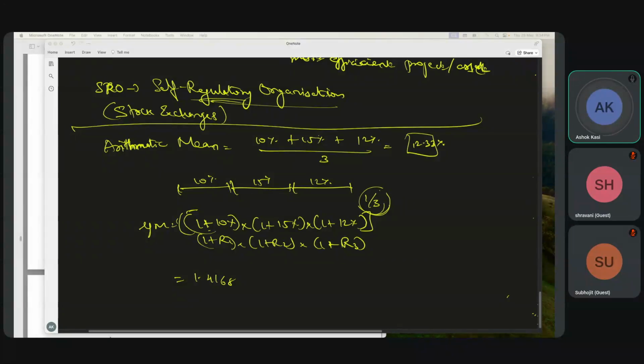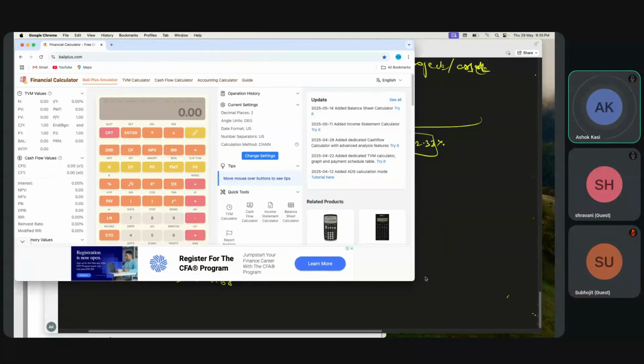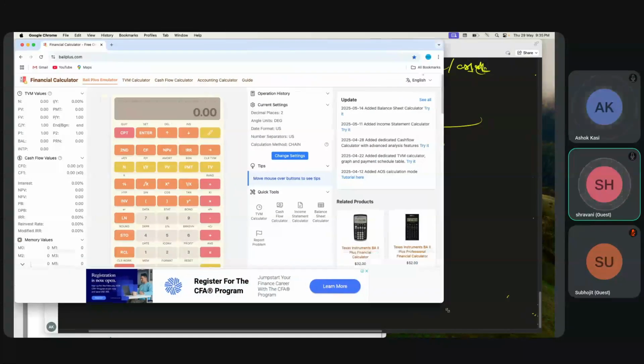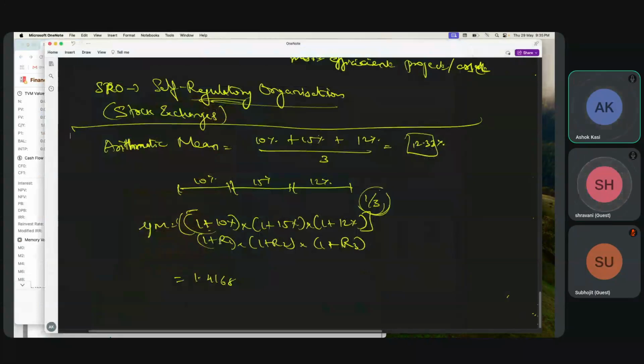Subhajit would know this, but I'm not sure if you know how to use the calculator to calculate all this. See, this is the calculator you have, right? This is how you should calculate. First is 1 plus 10 percentage. You start from the ending, it will help you in other complicated sums.